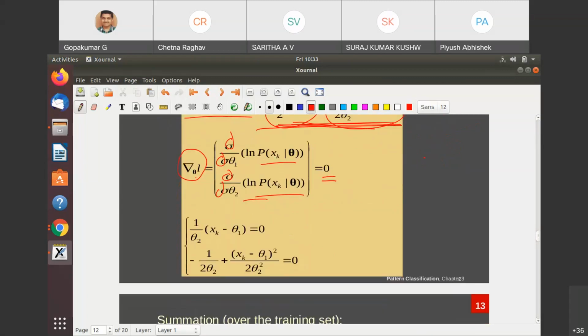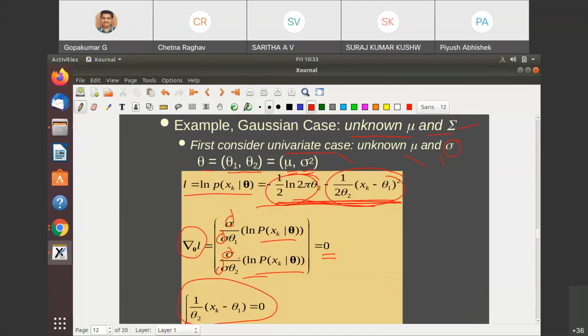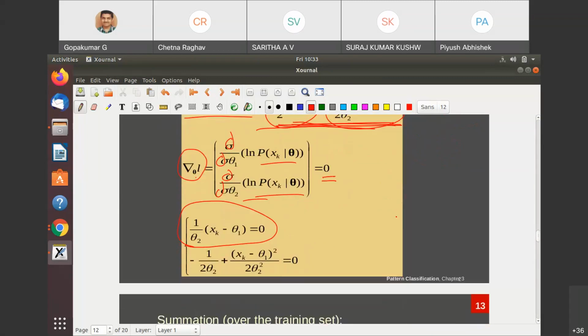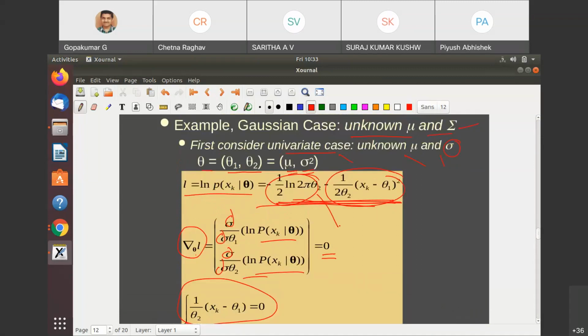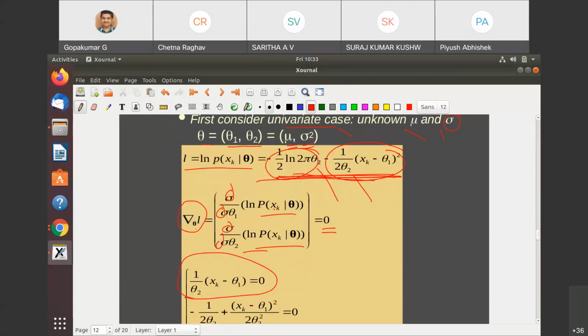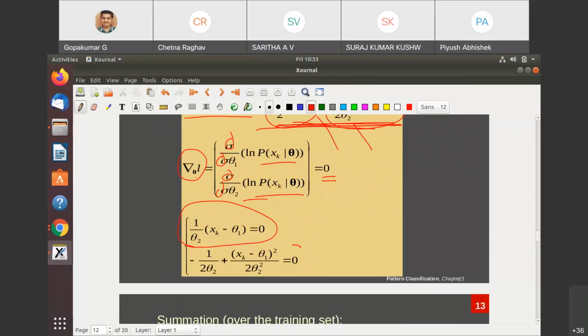If you apply the partial derivative, you will get an equation of this kind, because again the same 2 into rule and cancelling out. Similarly, for theta 2, which is present here as well as here, you apply the partial derivative rules and you get an equation of this kind.